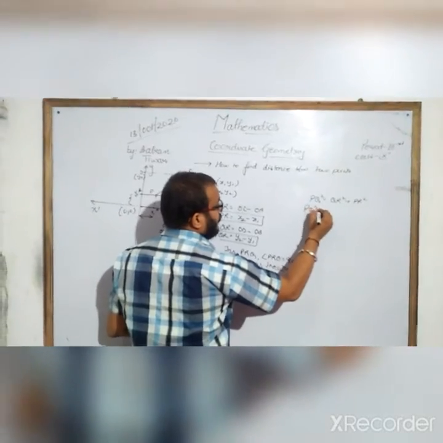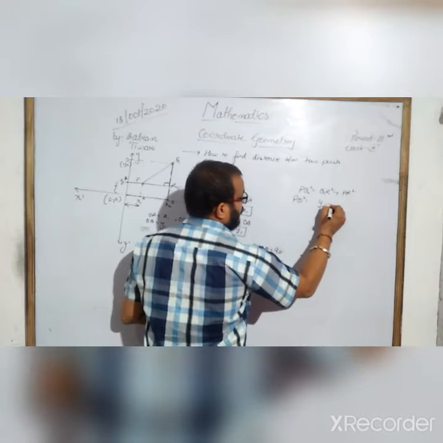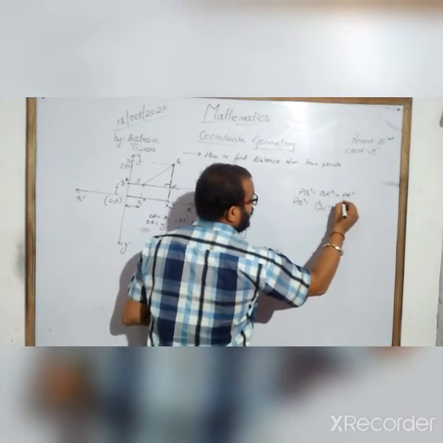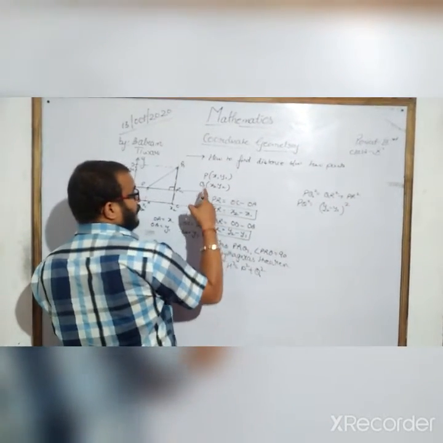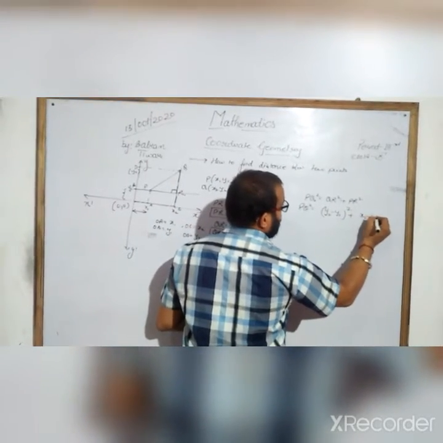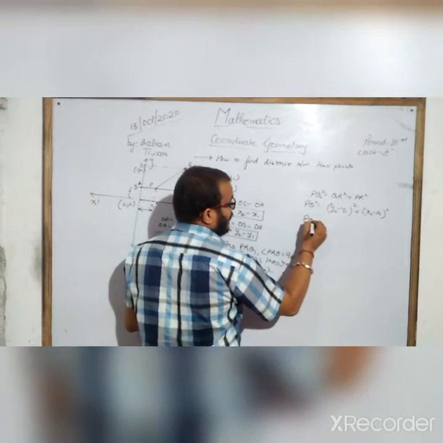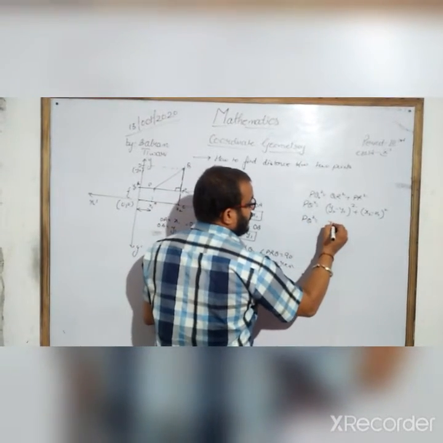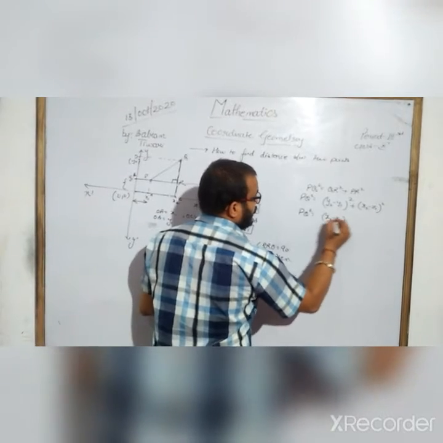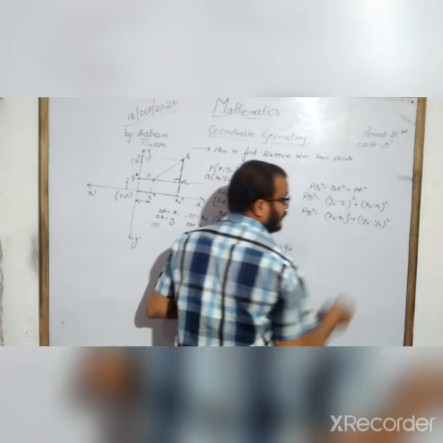The value of QR is y2 minus y1, whole square, and the distance PR is x2 minus x1, whole square. So PQ square becomes x2 minus x1 whole square plus y2 minus y1 whole square.